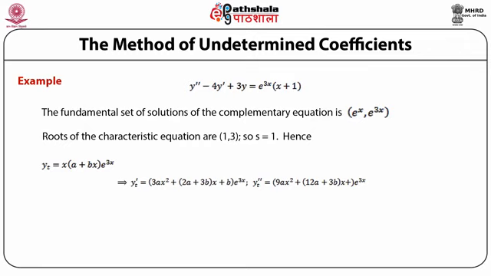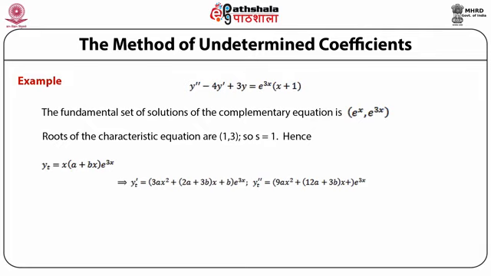I differentiate this equation to obtain yt prime, which is given as (3ax square plus (2a plus 3b) times x plus b). The entire bracket, all the terms are multiplied by e raised to power 3x.